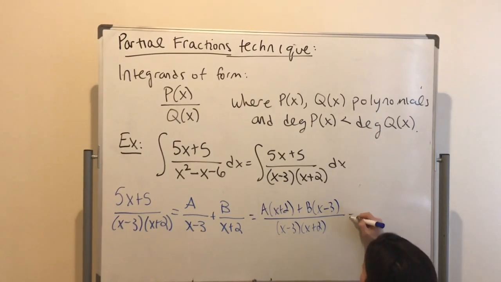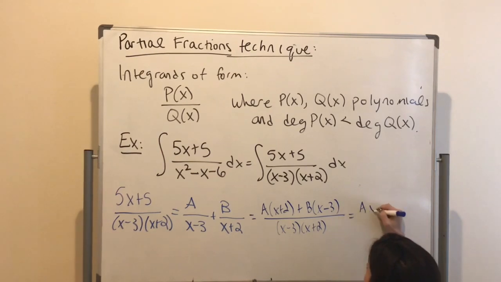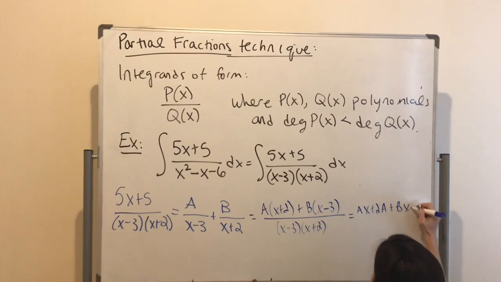Maybe I'll do it in one more step. This is Ax plus 2A plus Bx minus 3B, all over x minus 3, x plus 2.